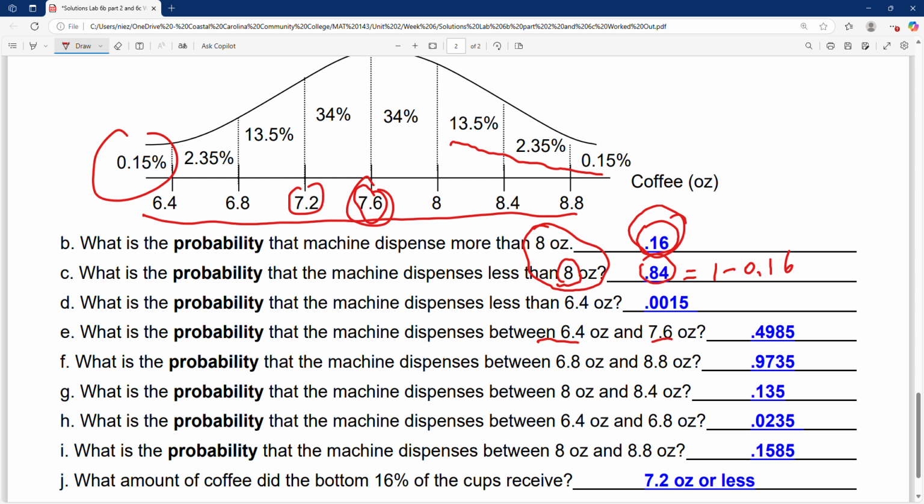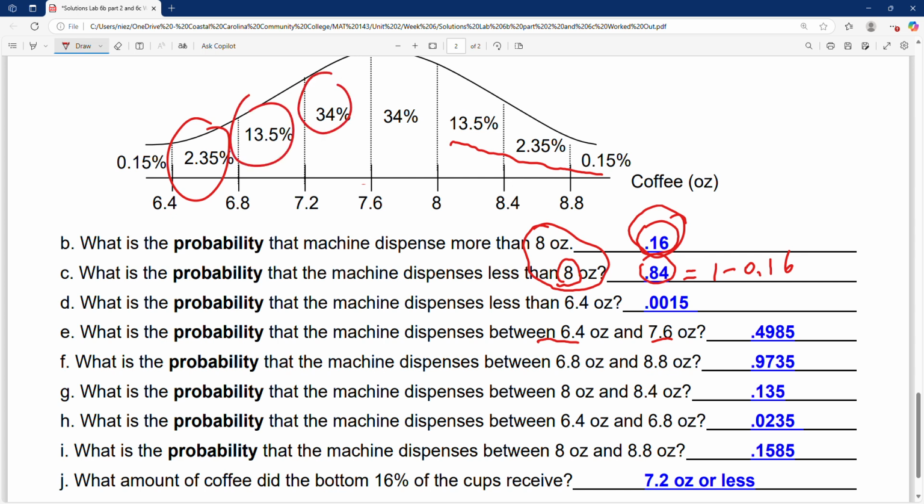You add those three percentages together, and you get 49.85%, or 0.4985.